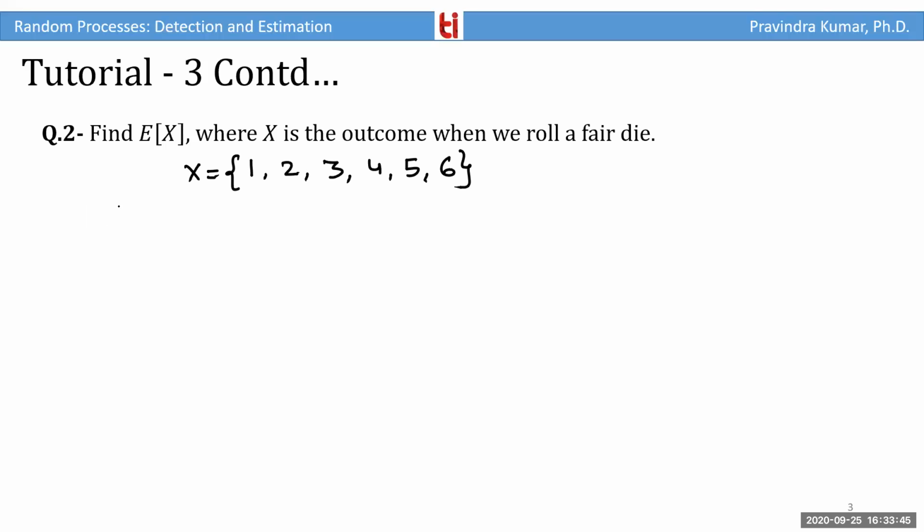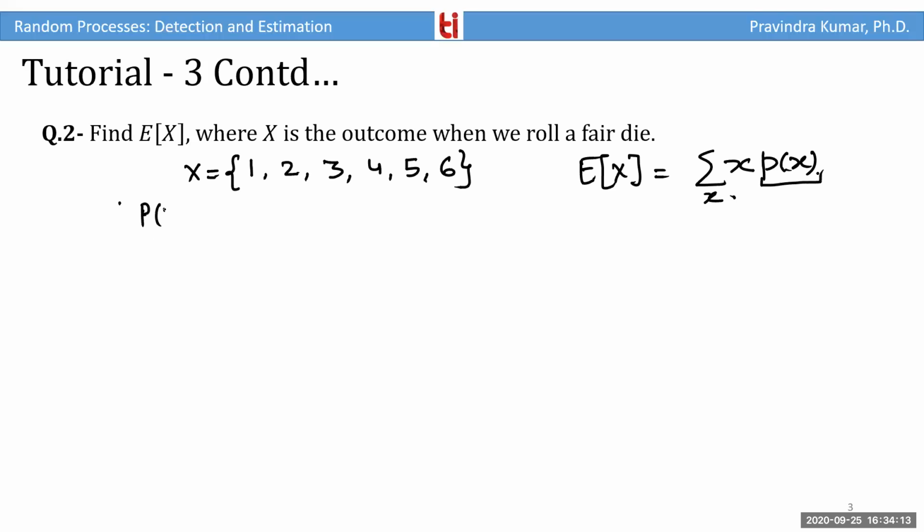Now, you know the expected value of a random variable x is the summation of all values of that random variable weighted by the probability of that particular value. So here you have to find out the PMF or PDF first.